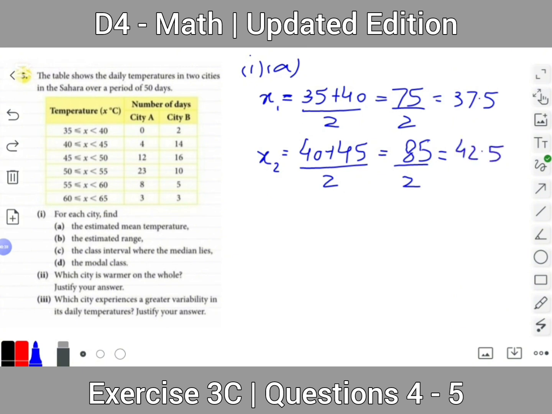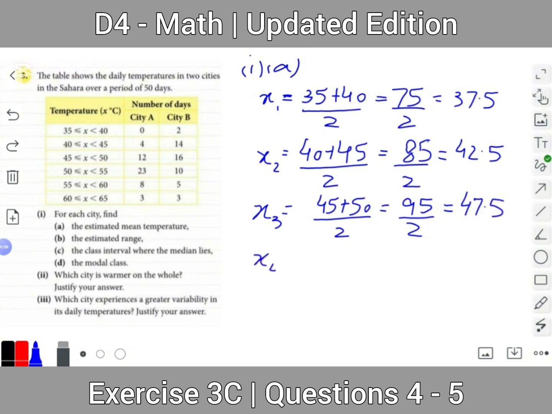Now for the third mid value x3, we have 45 plus 50 divided by 2, and it will be equal to 95 divided by 2, and after simplification we will get 47.5.